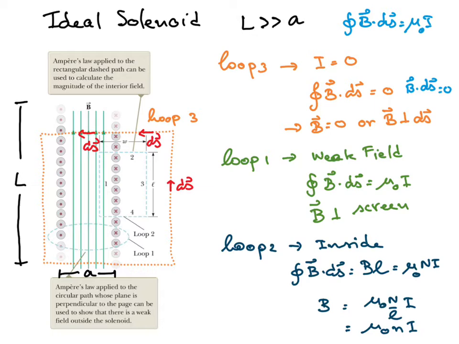This is loop number 1. In loop number 1, we create the circular surface that is perpendicular to the axis of the solenoid. And from this surface, we can analyze the magnetic field outside the solenoid.